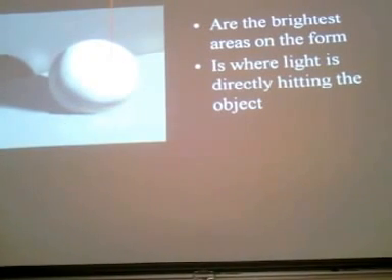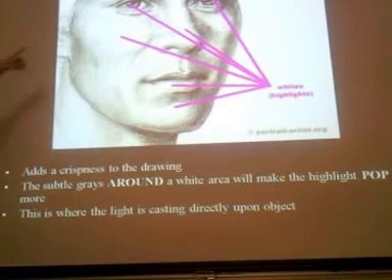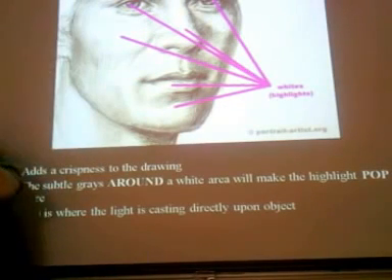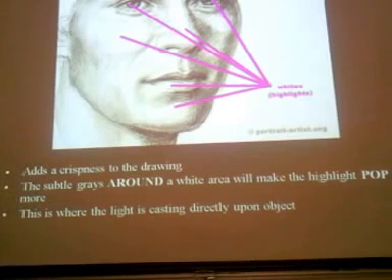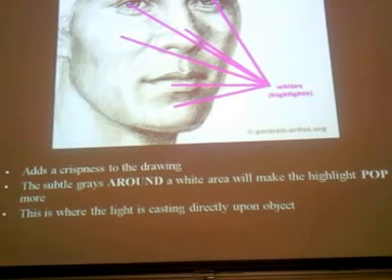Highlights are normally found in areas like the shine inside the eyes of your animal. It could be along the cheekbone where light hits because your bone is protruding outward, so it's more likely to gather more light. Highlights add crispness to the drawing. And the subtle grays around the white area, right here.